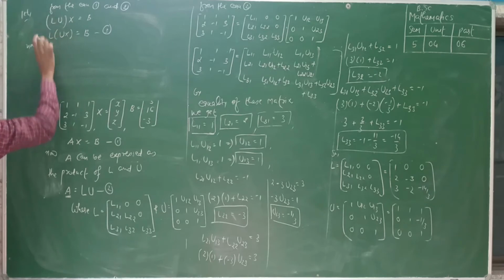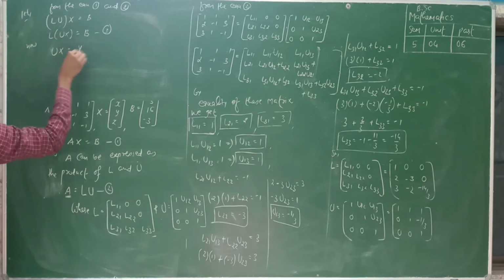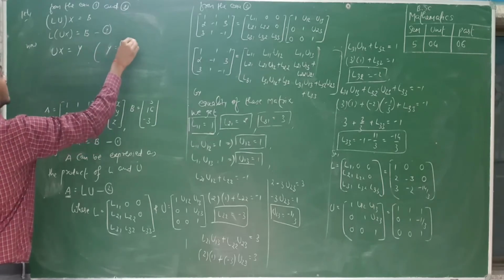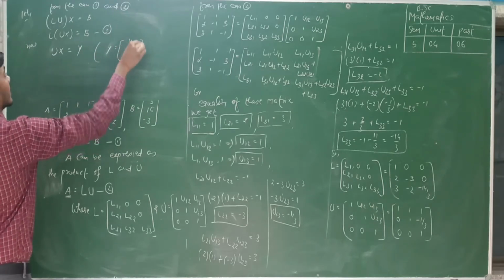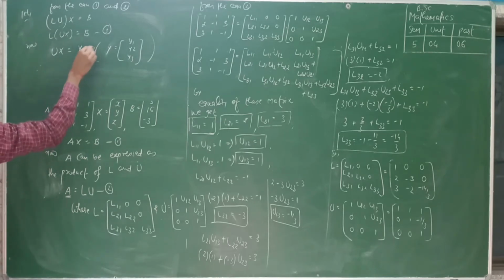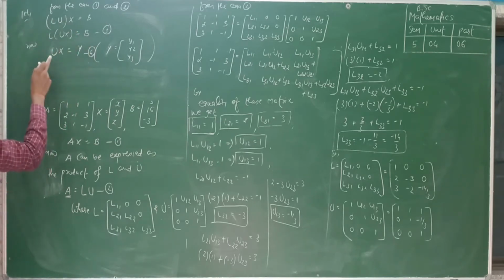Now let UX be equal to Y, where matrix Y is Y1, Y2 and Y3, this is equation number 4.